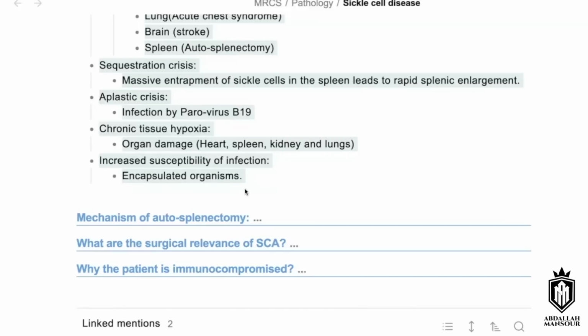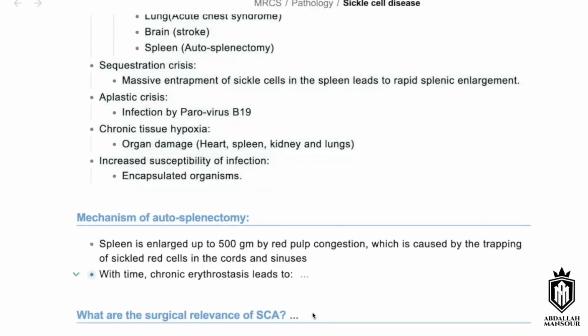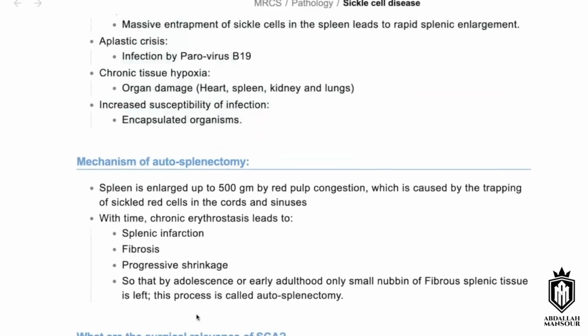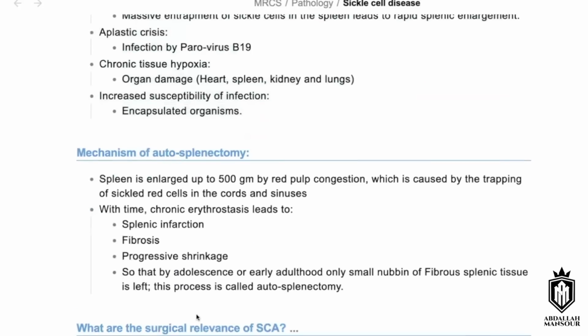But due to chronic stasis and inflammation, there will be fibrosis and ischemia, leading to shrinkage of the spleen, leading to autosplenectomy. Yeah. So early in childhood there will be some increase due to congestion, and later on there will be splenic infarction, fibrosis and progressive shrinkage.